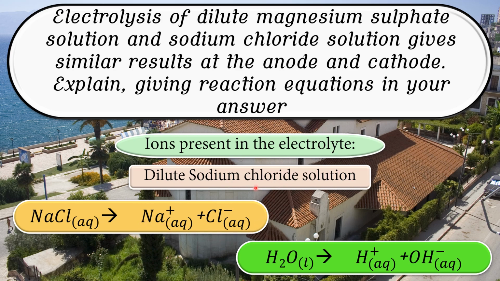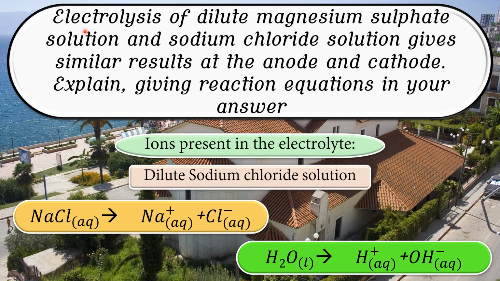It will also give us the chloride ions. And then from the water, we are going to get hydrogen ions and hydroxide ions. Those are the ions that we have from our dilute sodium chloride solution, which is our electrolyte.